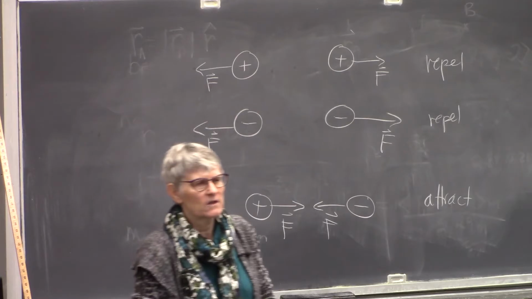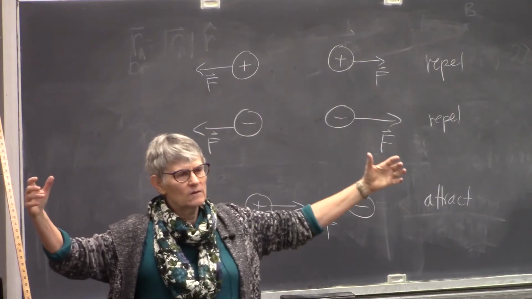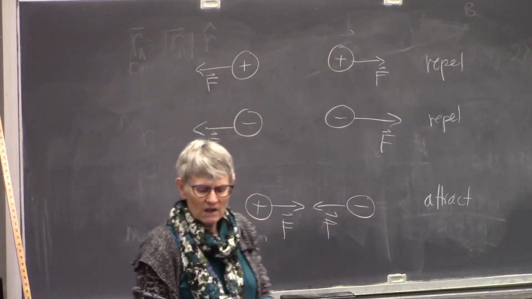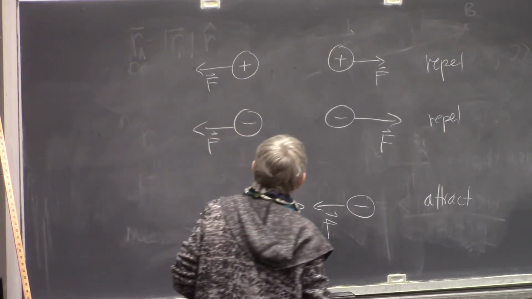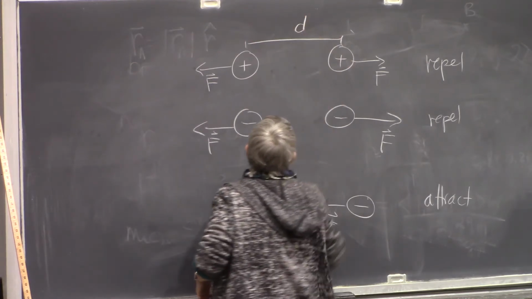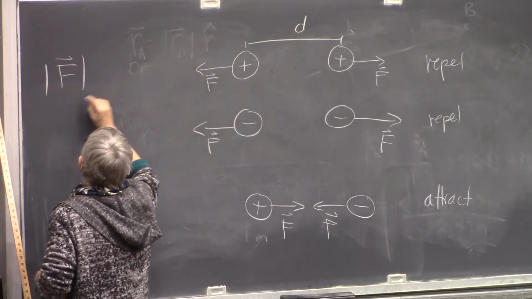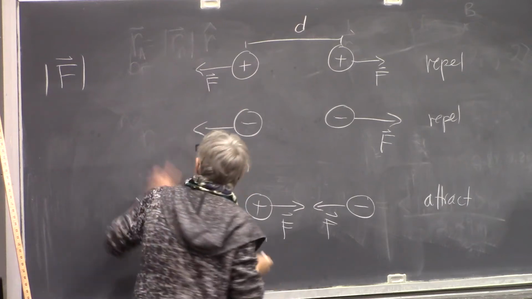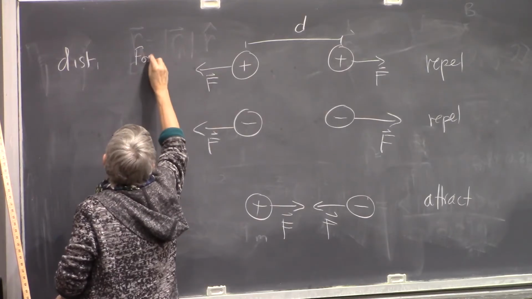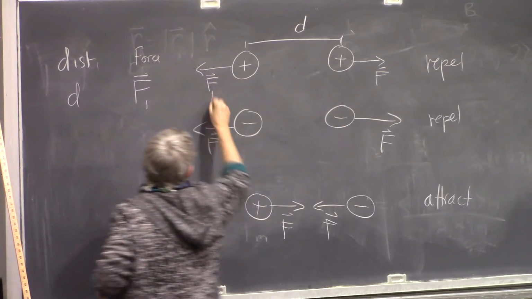Now we observe experimentally some other things about this force. One is that as you get the objects farther from each other, the force decreases. And in fact, it goes down pretty rapidly. So at some distance d, the force between these two particles is, we'll call it F1.